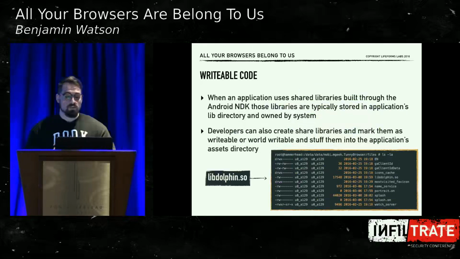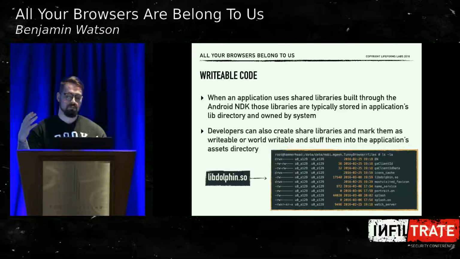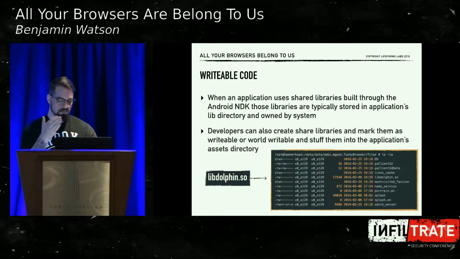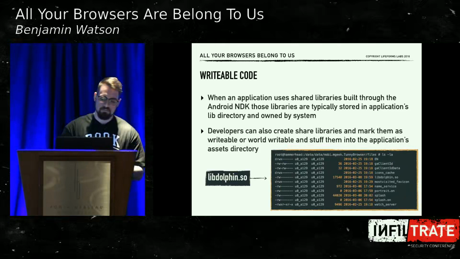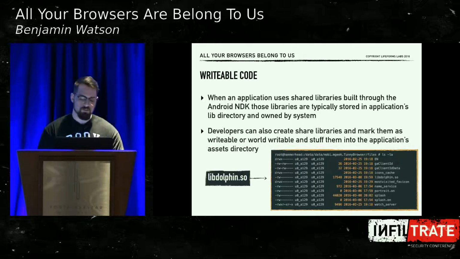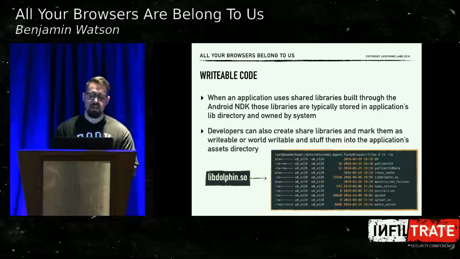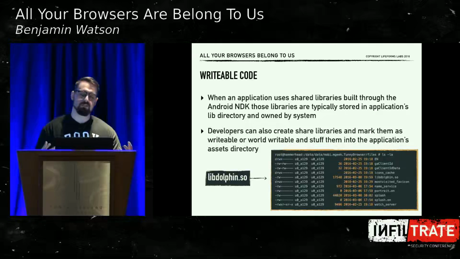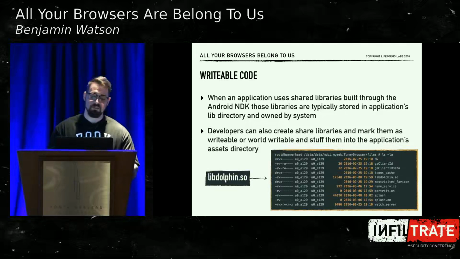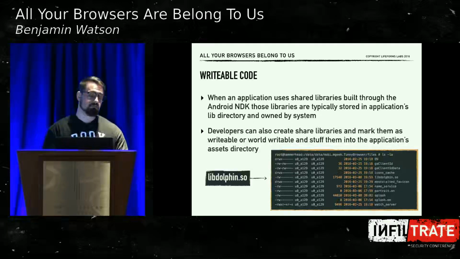All right, so now we have this arbitrary write primitive using this whole zip input stream vulnerability. So we need something specifically to target. When an application chooses to build shared libraries in C and C++, they're usually done through the Android Native Development Kit. And those libraries are typically stored in the application's lib directory, and it's owned by system. Now, developers can create shared libraries, and they can do whatever they want to them.